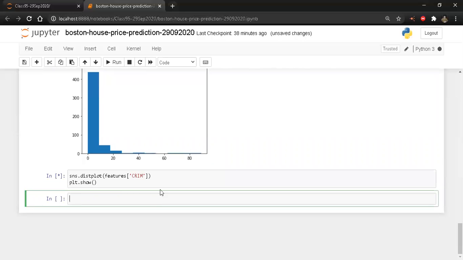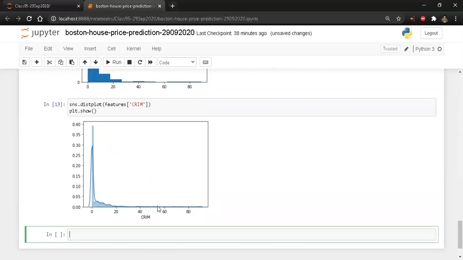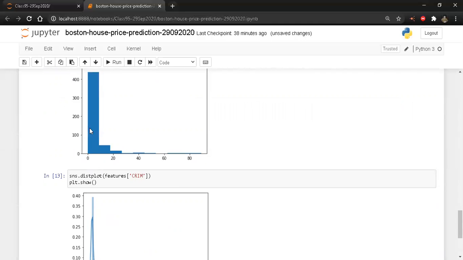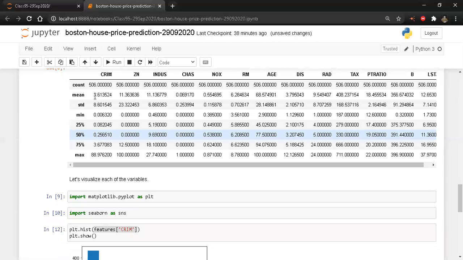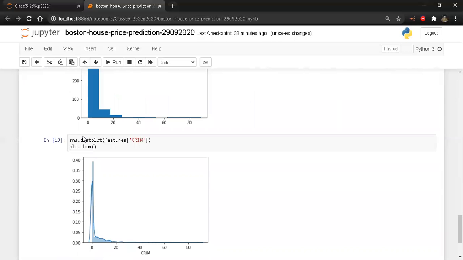We should be able to plot the distribution of the crime rates, and we can clearly see how the graph looks. So it is right skewed. The median is quite a bit less than the mean, so it's quite a big difference, where the median is actually far lesser than the mean. It means it is a right skewed kind of distribution.